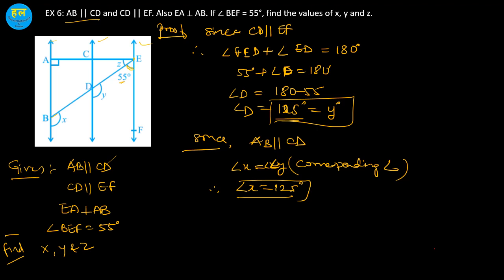Now we know that since AB is parallel to CD and CD is parallel to EF, therefore AB is parallel to EF.